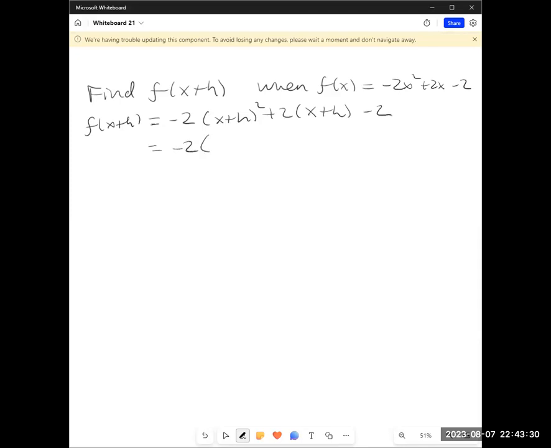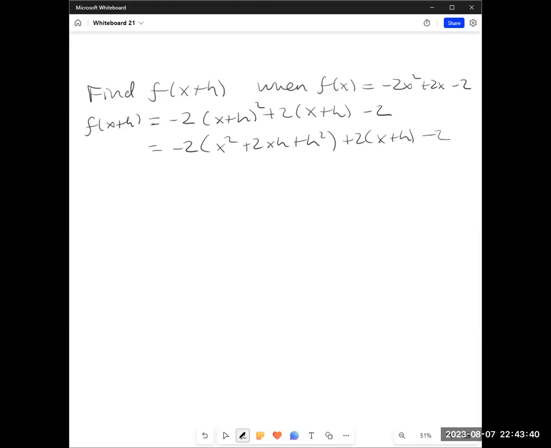We're going to leave that negative 2 multiplier, and we're going to take care of our squaring first. So our f of x plus h is going to be negative 2x squared minus 4xh minus 2h squared plus 2x plus 2h minus 2.